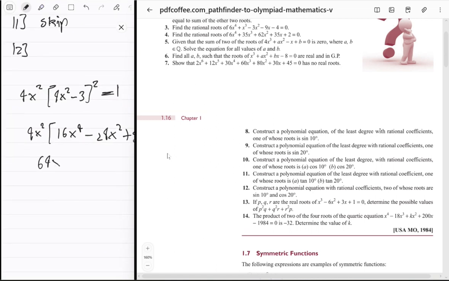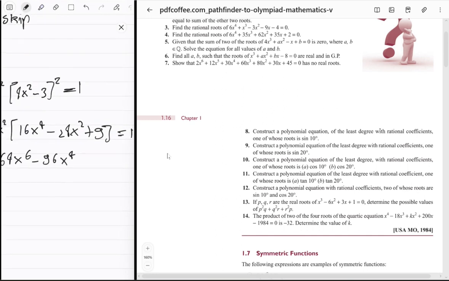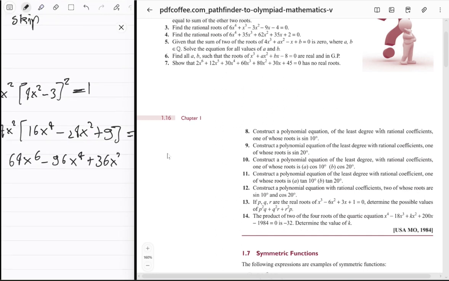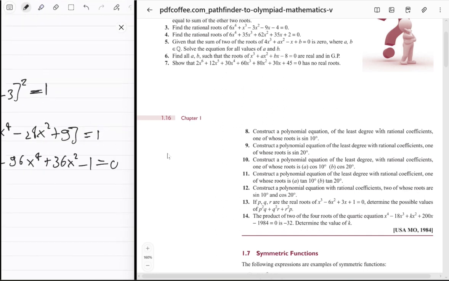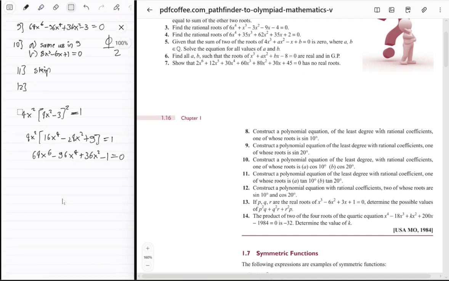So 64x to the power 6 minus, you got 8 and 16, that's 96, 96x to the power 4 plus 36x squared minus 1 is equal to 0. Hopefully that's correct. Most likely not, because there will be something weird about this. I'm sure of it. Most of the times what I say is incorrect, but let's go with it. Who knows? It might work out.